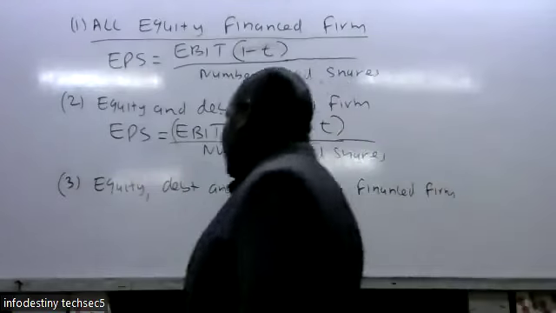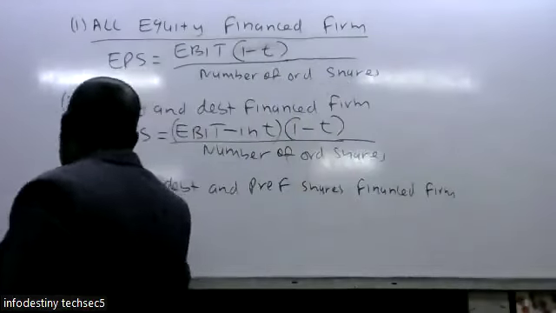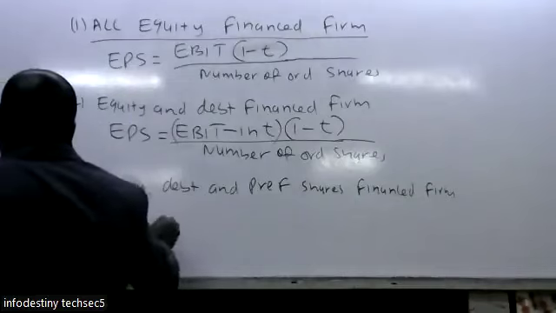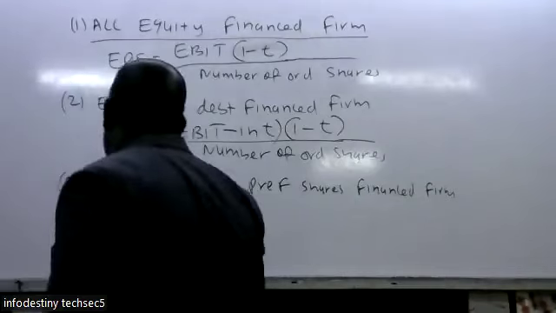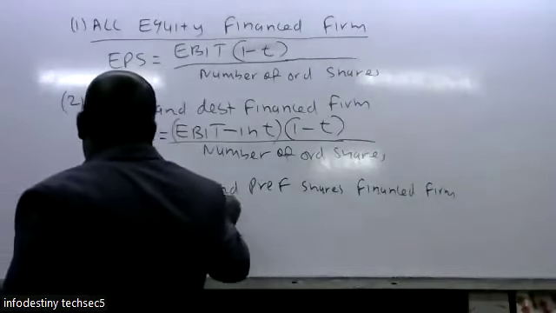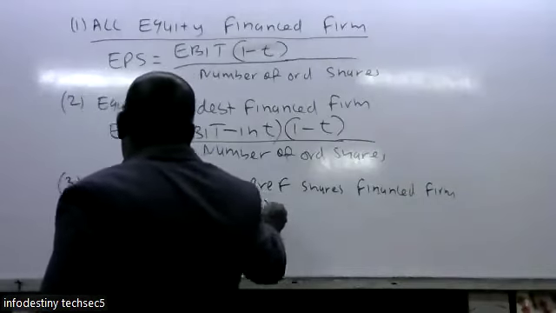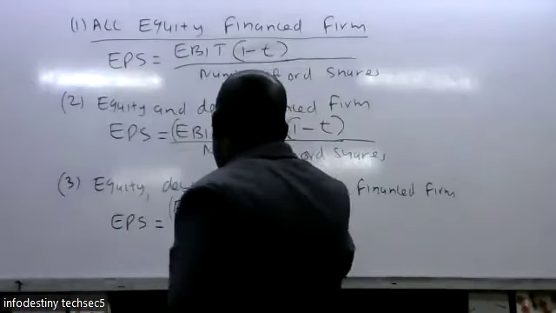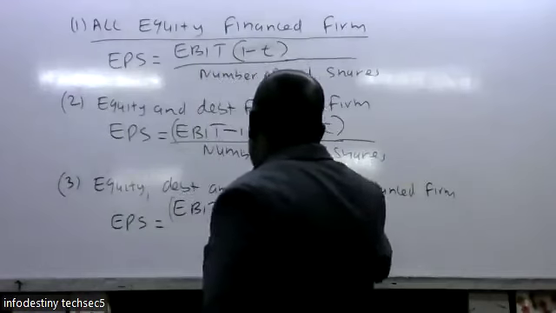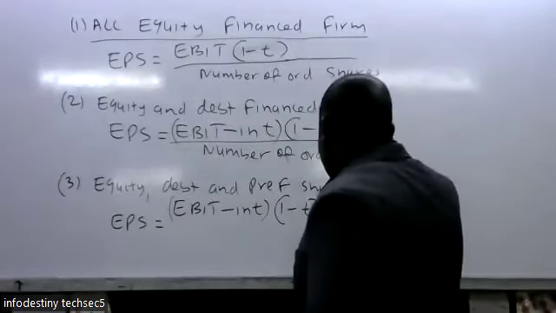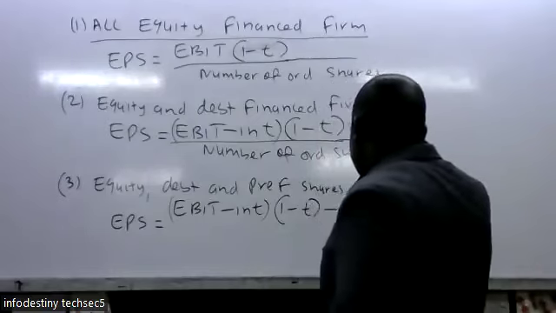So for this one, earning per share will be equal to earnings before interest and tax, subtract interest, then 1 minus the tax rate, then we subtract preference dividends.